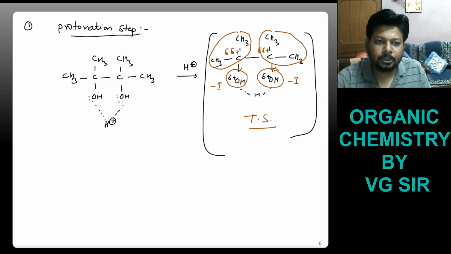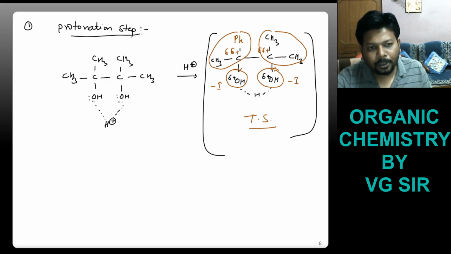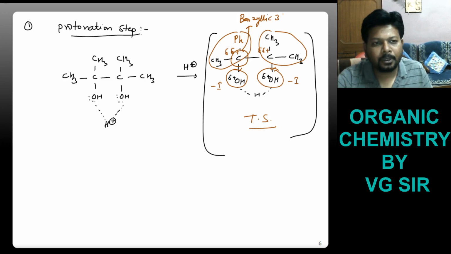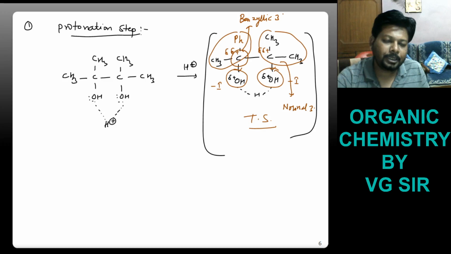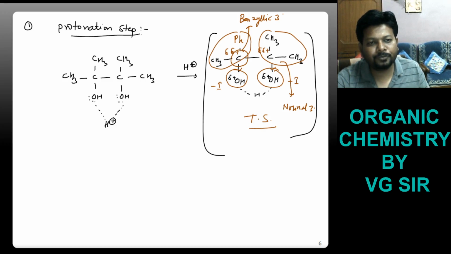But suppose in place of this CH3 group, I add a phenyl group, then this carbocation will be benzylic 3 degree, but this carbocation will be a normal 3 degree. And as we know, benzylic carbocations are more stable due to delocalization of charge. So we can say this hydroxyl group will get protonated.